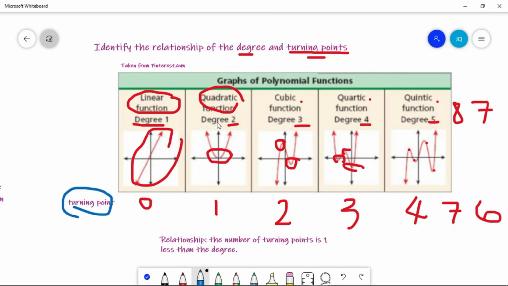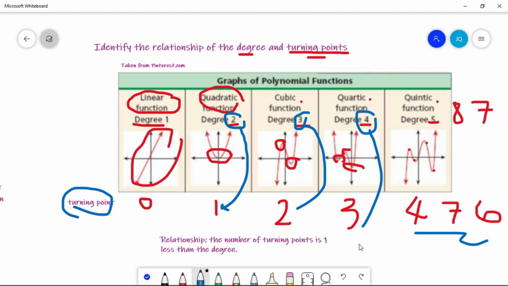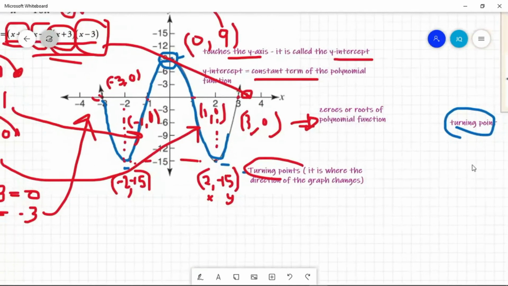So let's see. If the degree is 2, it means the turning point is 1 less than it. So that's 1. If the degree is 3, that's 2. If the degree is 4, that's 3. And so on and so forth. So do you have any question? You got it? Okay, so let's summarize our topic.